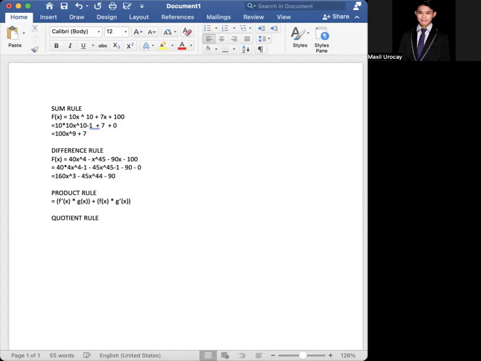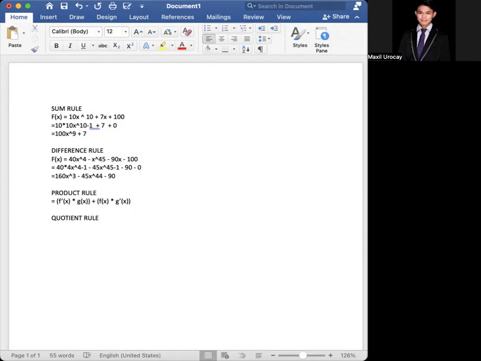Since you're not able to put something negative in the power, it is basically the same situation. Because the 40x to the power of 4 is still 160x to the power of 3. Then your 45x to the power of 45 is 45x to the power of 44.